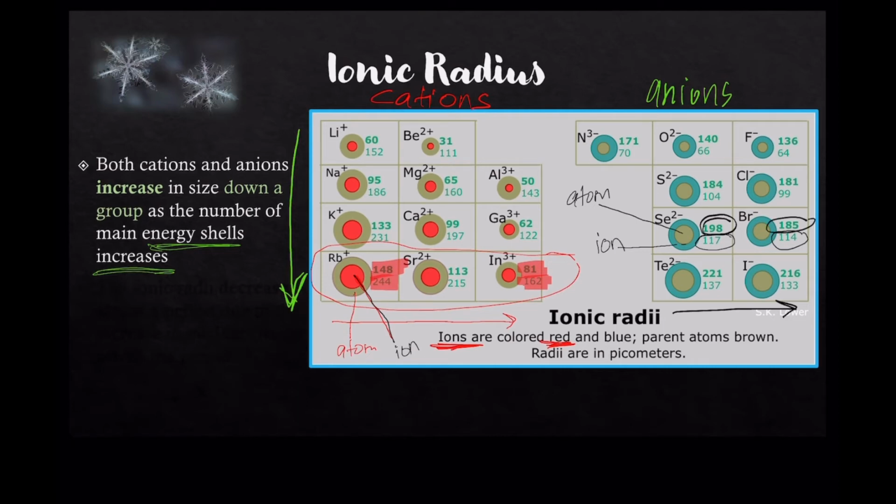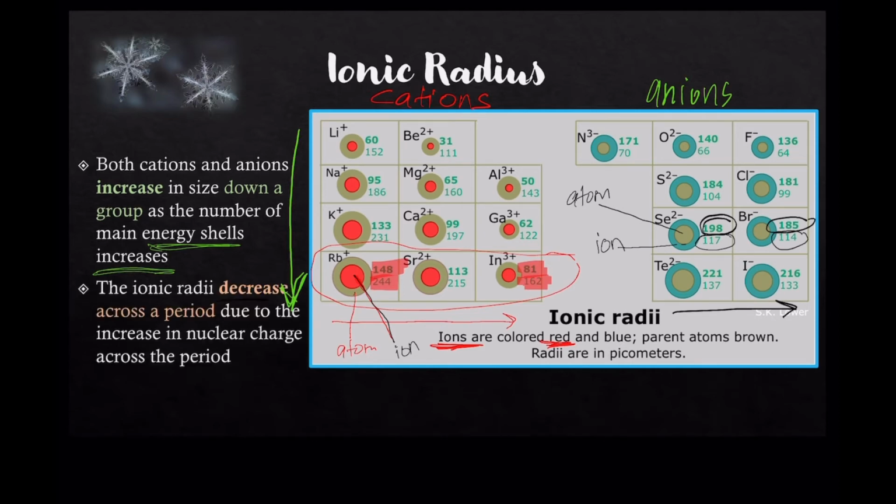Remember, we have more protons added to the nucleus as we move right. And because of the greater effective nuclear charge, the greater positive charge in that nucleus, there's a greater attractive force pulling in those outer electrons closer to the nucleus, shrinking the size of both the atomic and the ionic radius.